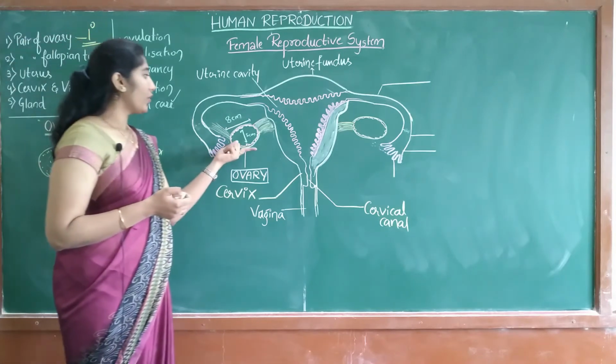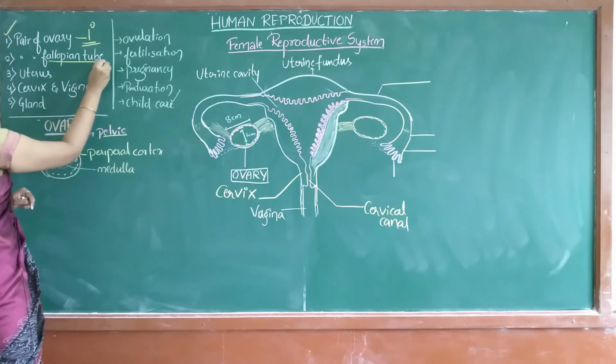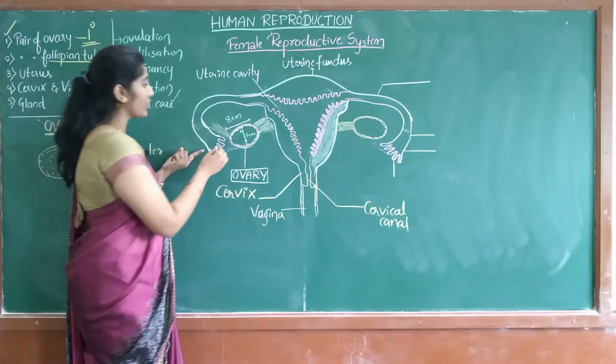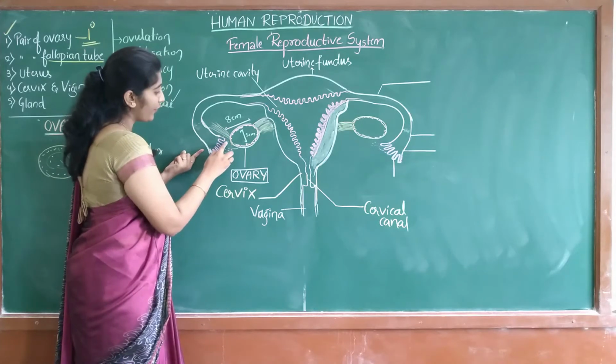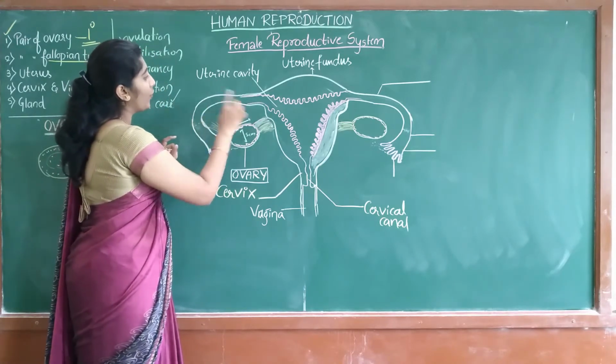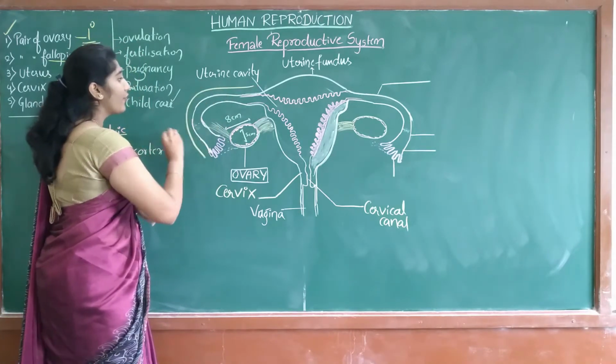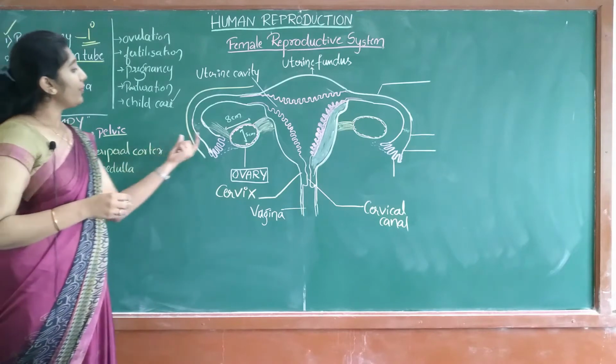So that is about the ovary. Next is the fallopian tube. Whatever structure you can see here from this color to here is called the fallopian tube. This whole thing is the fallopian tube.